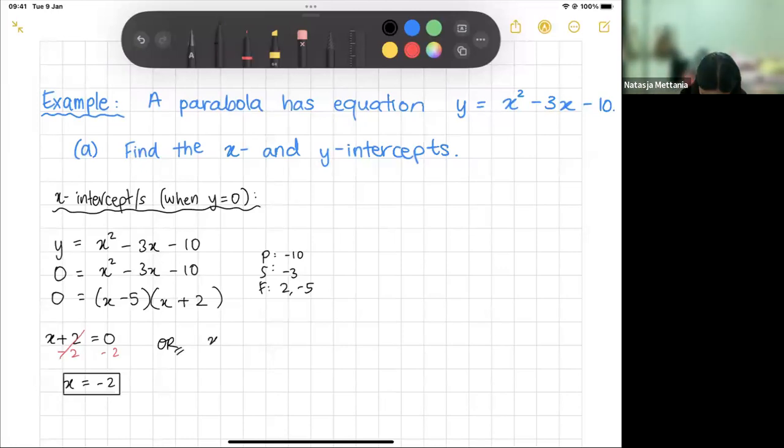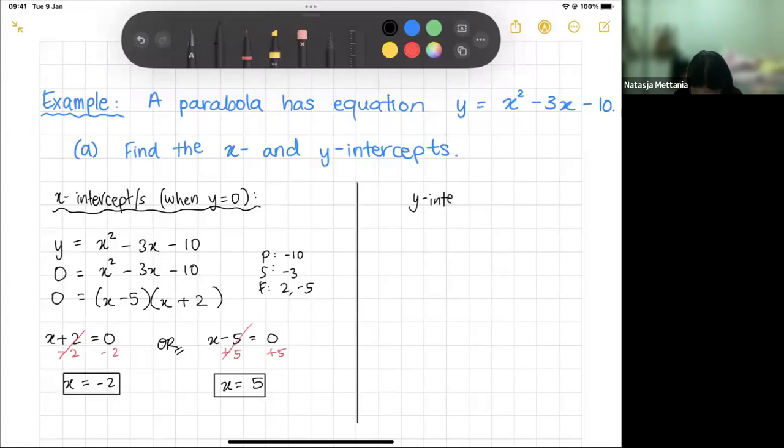Or x minus 5 equals 0. I'm going to add 5 on both sides. X will equal positive 5. So my x-intercepts will be negative 2, 0 and 5, 0. That's my coordinates.